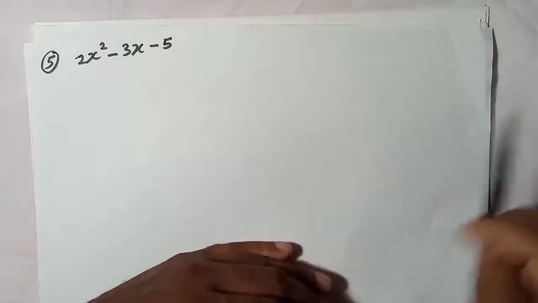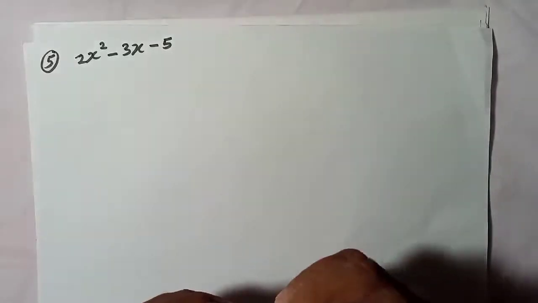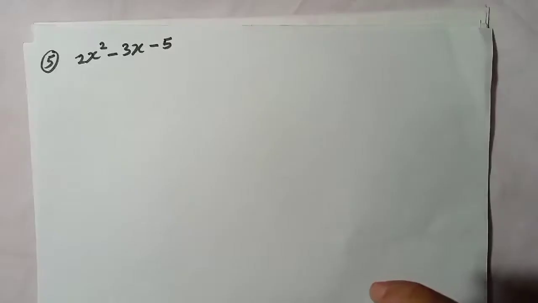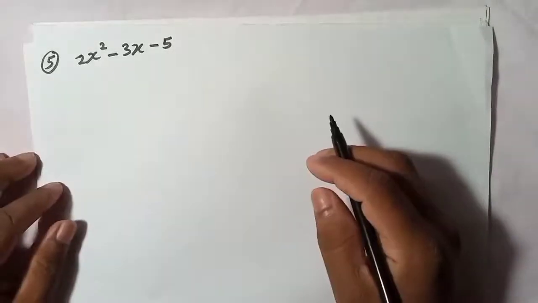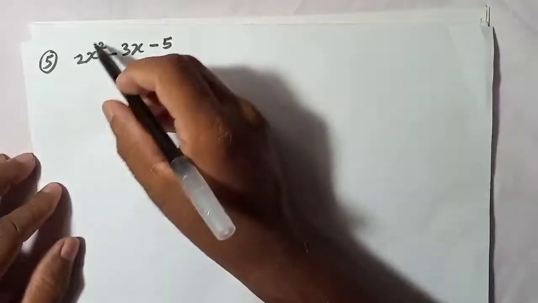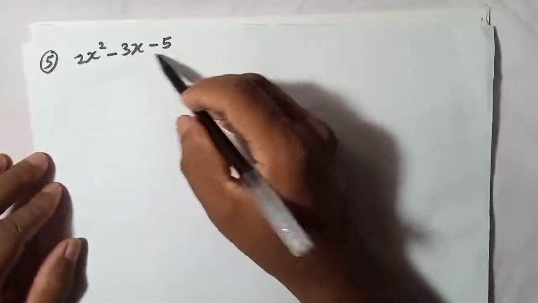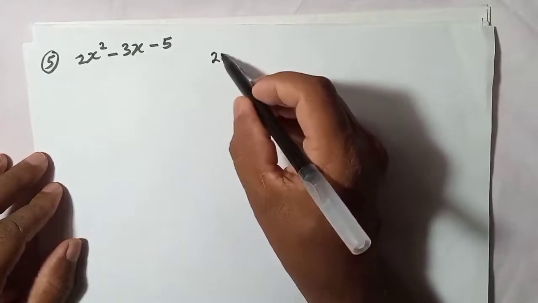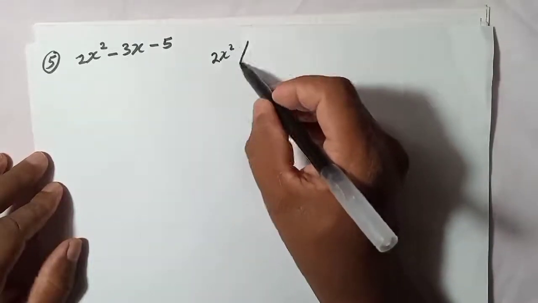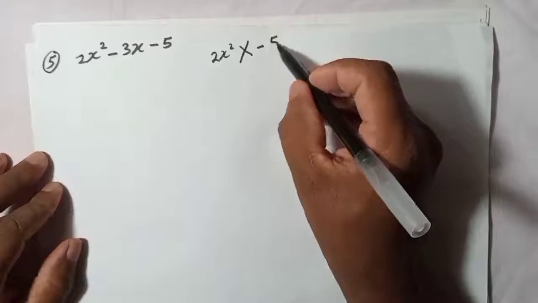Okay, now the fifth example. Now look here, this is a little more difficult than the others. So how to do it? Again the same method, first term multiplied with the last term, right? So I will do that, 2x square into minus 5, right?